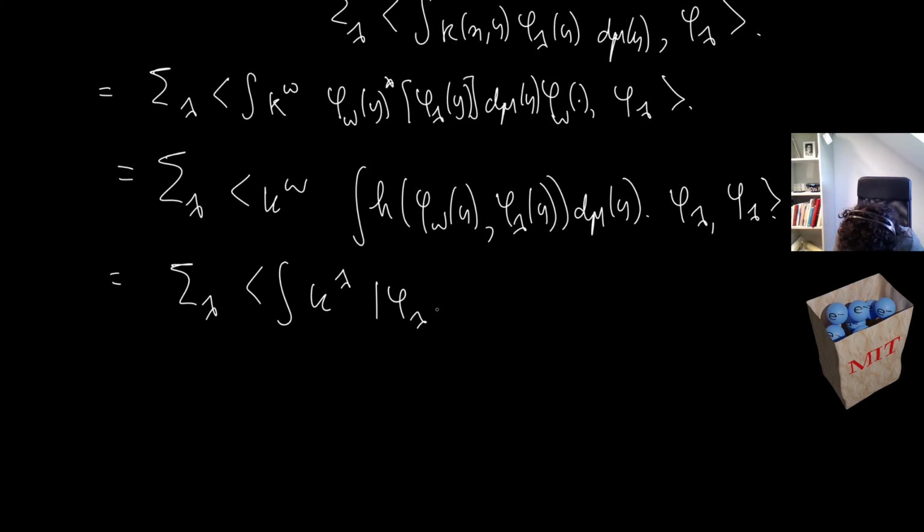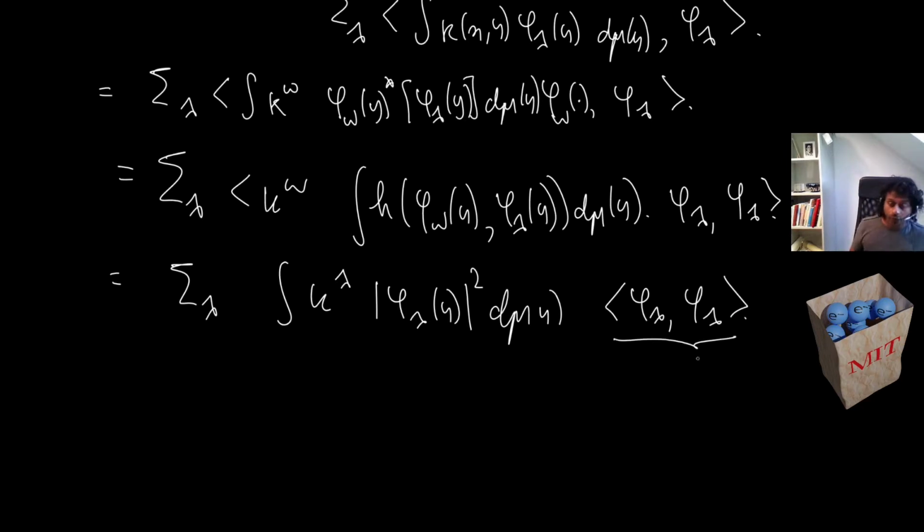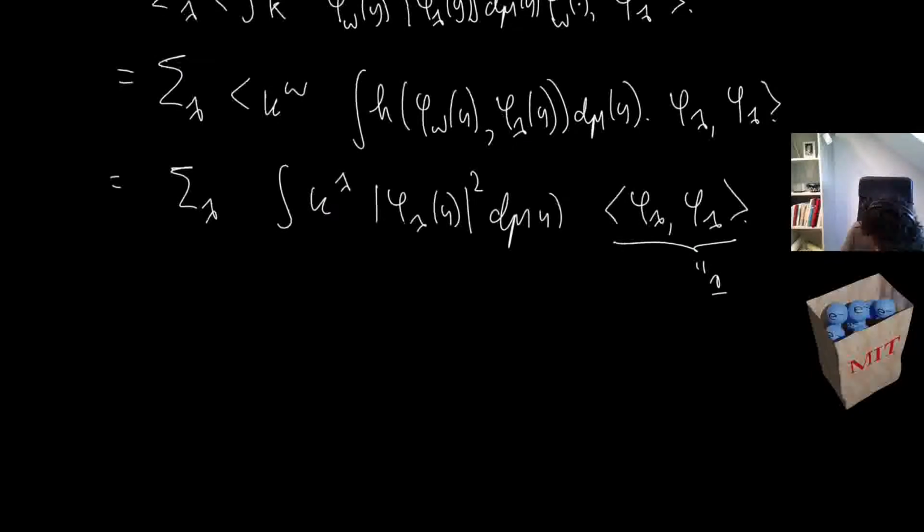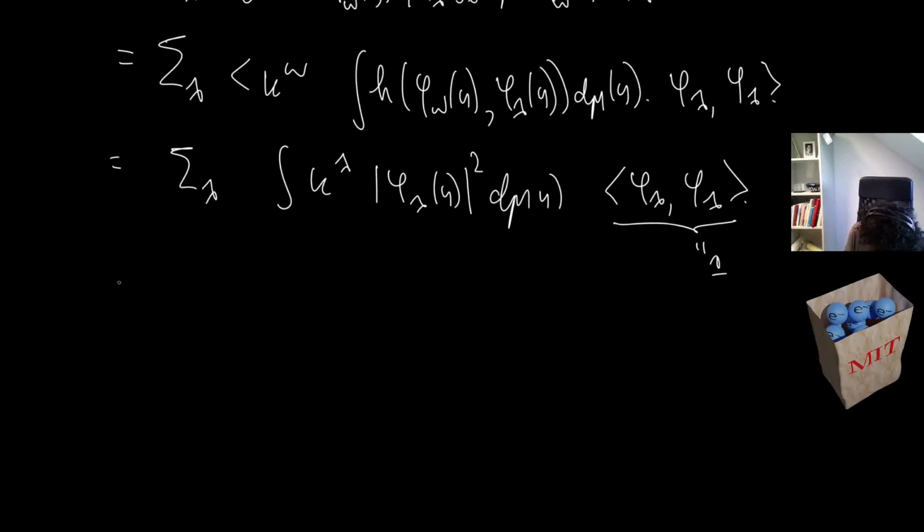So we have d mu, this is squared, y, d mu(y), and then we have phi_lambda here independently. This is just equal to 1 because it's an orthogonal basis. So what we have exactly here is that this is equal to k_lambda, and of course this integral is also equal to 1.